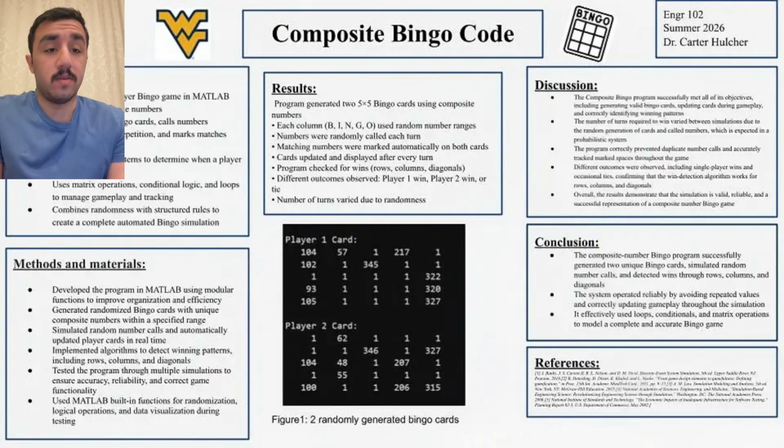This confirmed the win-checking algorithm works for rows, columns, and diagonals. In summary, the results showed that the simulation was valid, met all the requirements of the project, and was a successful representation of a composite number bingo game.